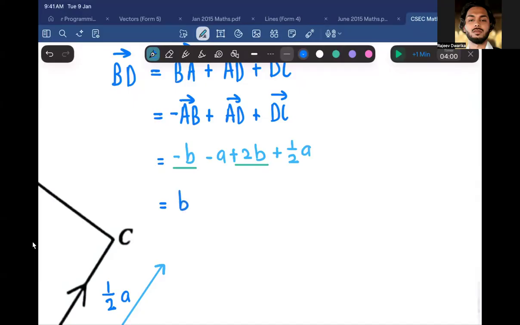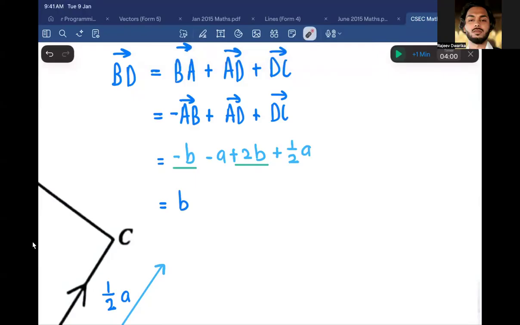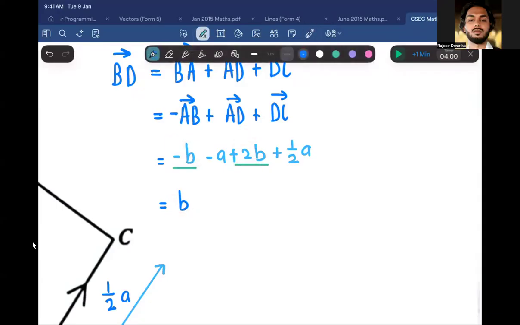Again, if you're confused, just put the coefficients into the calculator. This is understood to be negative 1, and this is understood to be plus 2. So put negative 1 plus 2 in the calculator, and you should get 1. So that'll be 1B. Now let me look at the A terms. We have negative A plus a half.